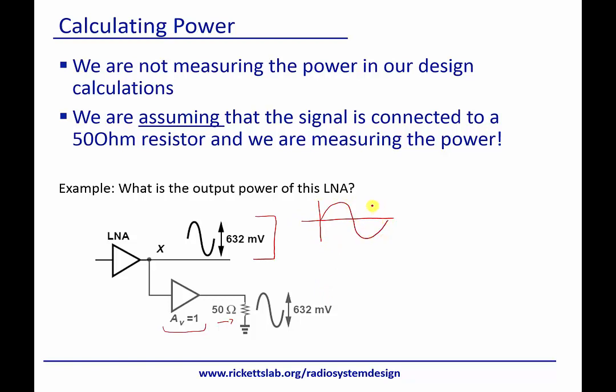Okay, so this is 1/2 of 632 millivolts. But that's the peak, right? Do you remember what the RMS is? The RMS is going to be 1 over the square root of 2 of that. Okay, and the power is simply equal to V squared RMS divided by R. So I'm going to take this and square it, and I'm going to end up with 1/8.